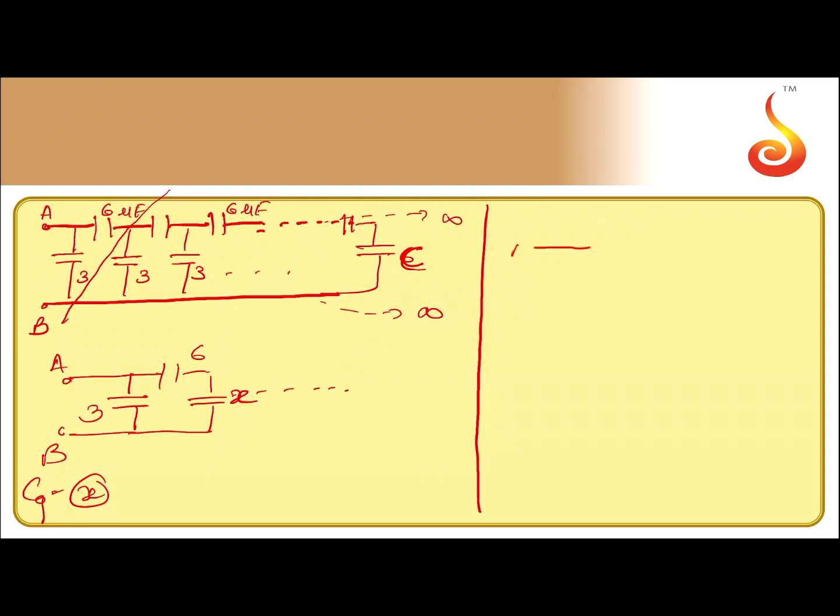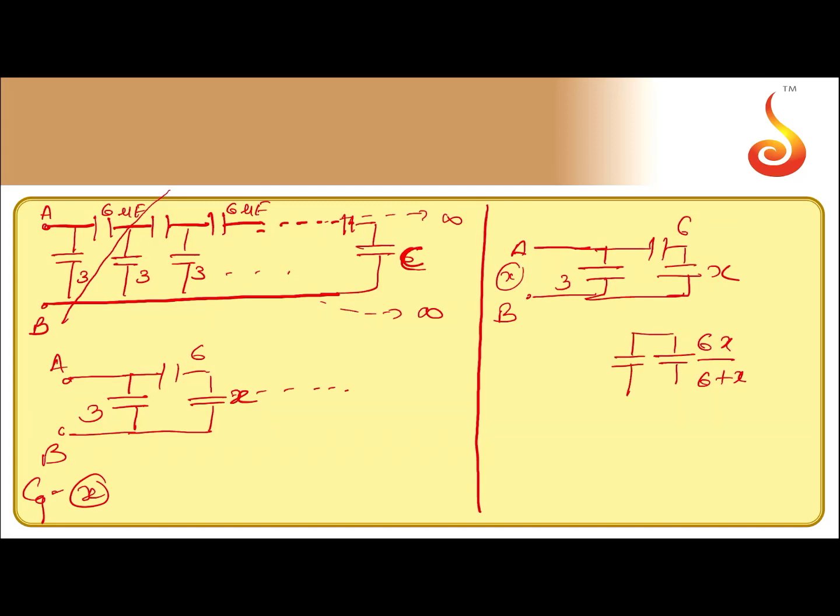Between A and B, the equivalent capacitance that I want to find out is X, and the first segment has the following parts: 3, 6 and X. 6 and X are connected in parallel, so I have 6X divided by 6 plus X, and another 3 is connected in parallel, and this is A, this is B. That is the equivalent capacitance.